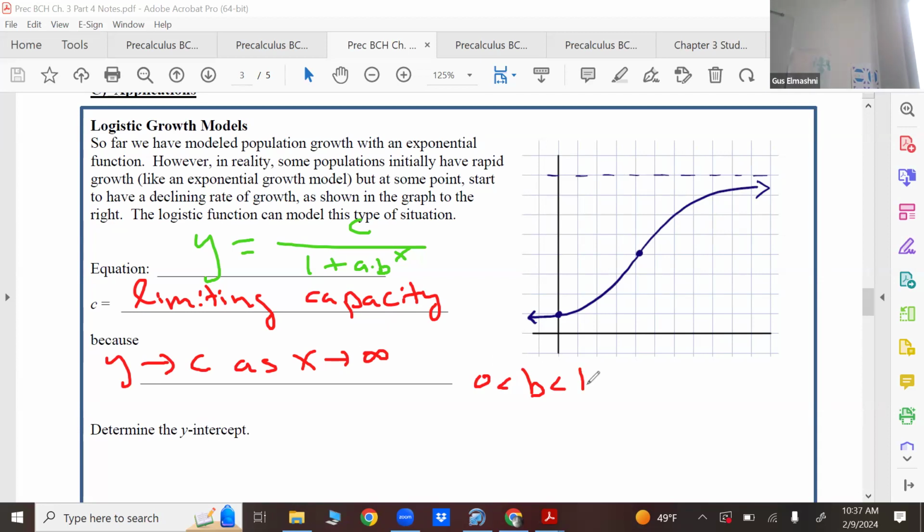So B is a number between 0 and 1. So what happens is that when this gets raised to a big power, that pretty much becomes 0, right? Because B is a fraction between 0 and 1, it goes towards 0, so you have C over 1, so you have Y equals C. So that's why it's called limited capacity.